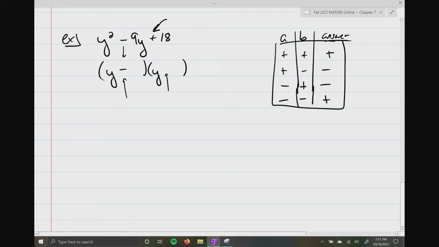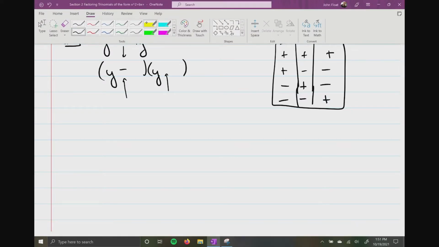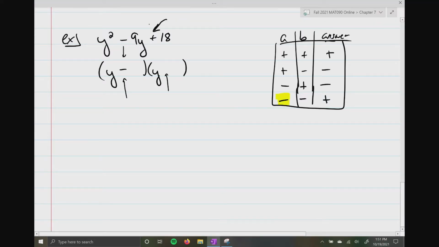So if your first number is negative, and your answer is positive, then you have to be in this fourth row. So your second sign has to be negative as well. So I'm going to go ahead and just put a negative in there. There we go.